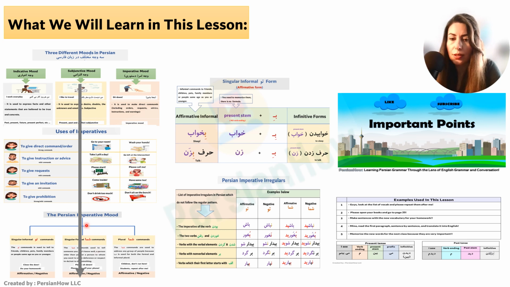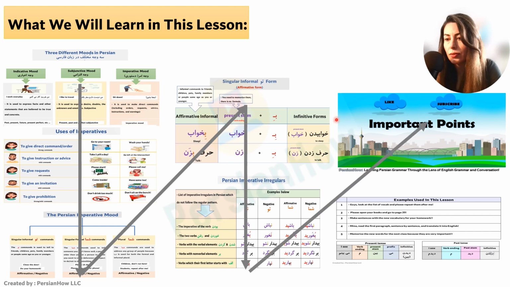And the other one is the different imperative modes in Farsi. And then we are going to go over how to form it. And then we need to go over the irregular forms. And after that, there are a few important points that you need to know when it comes to imperative. And then we are going to get some practice.